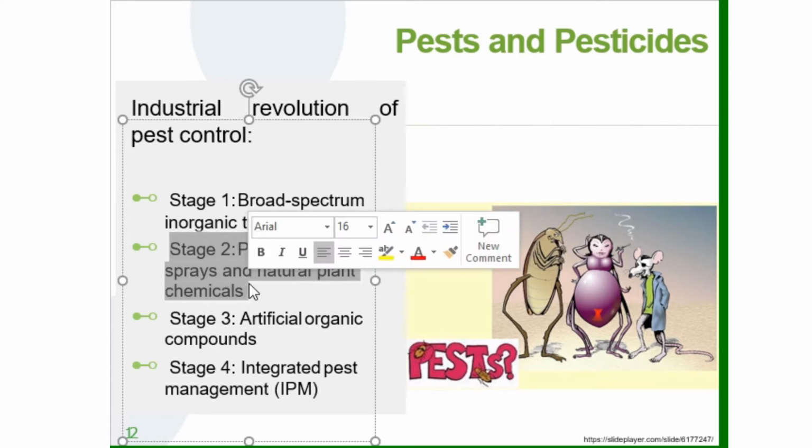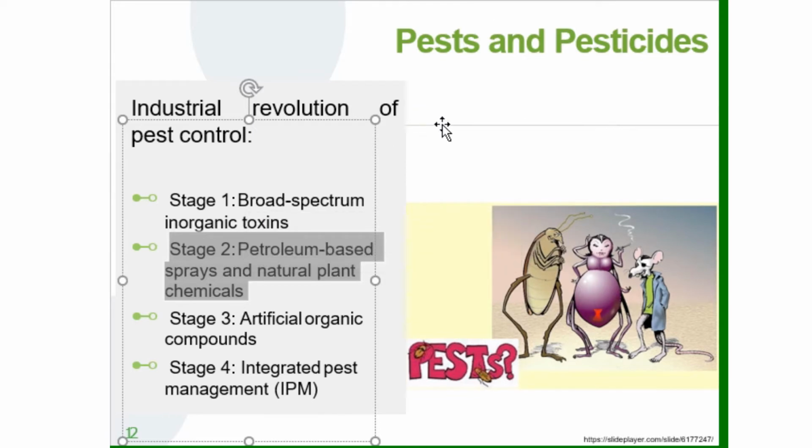Okay, this one here I will highlight. Tobacco, for example, is a plant that produces natural chemicals that help it fight pests and other diseases. The tobacco plant produces nicotine.